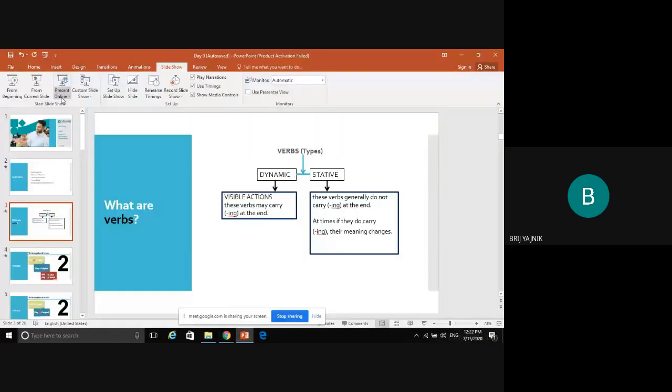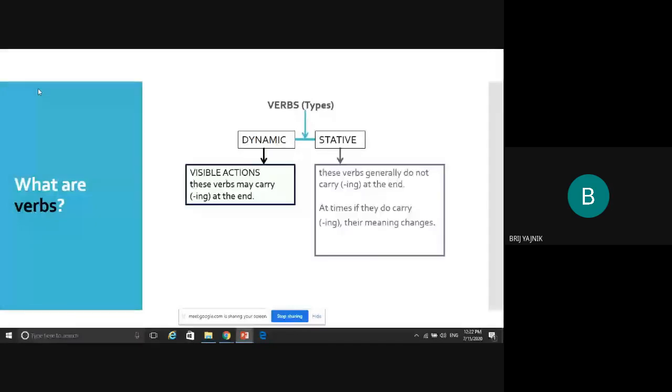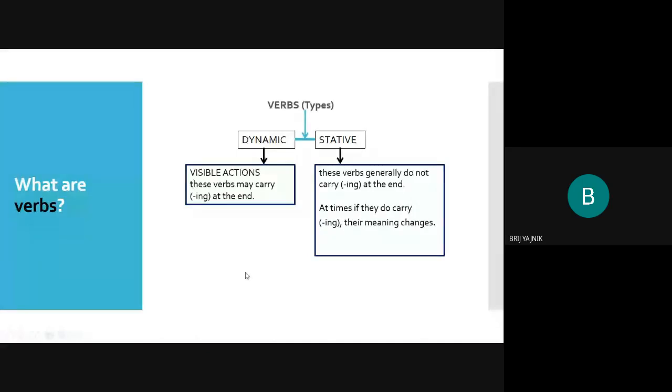So this is something that we discussed in our previous session. We understood very well how the stative and the dynamic verbs are connected. I think we have even seen the videos explaining how to use these two verbs.